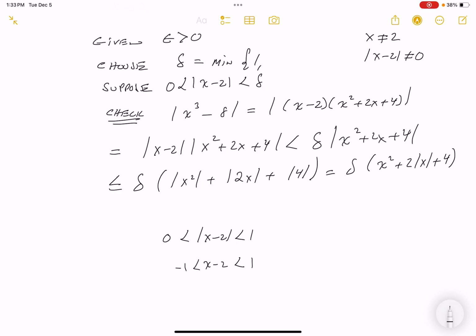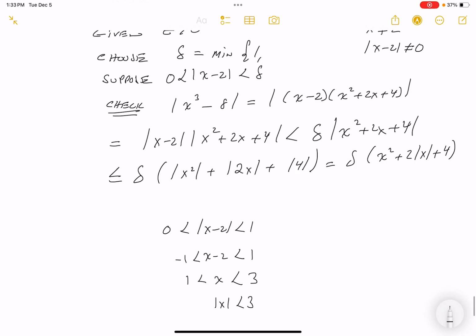And I want to get the x now. How do I do it? Add 2 to all sides. And you get 1 less than x, and then if you add 2 to the right side, you get 3. So I'm going to say the absolute value of x is less than 3. Let me just think about this for a second.